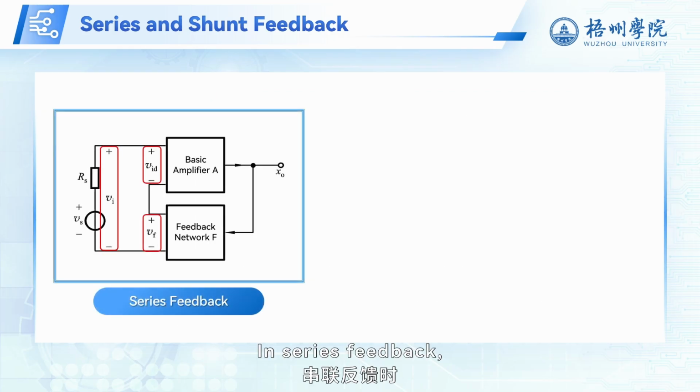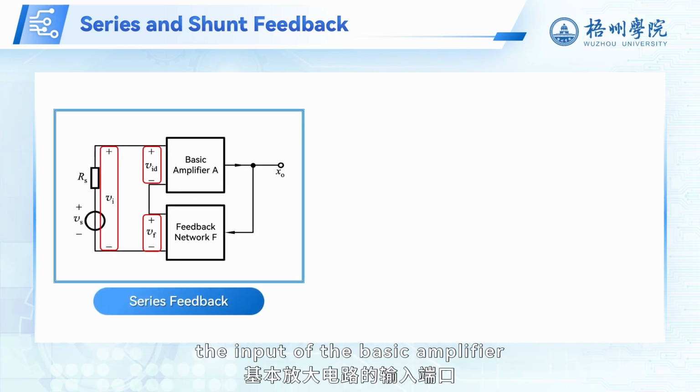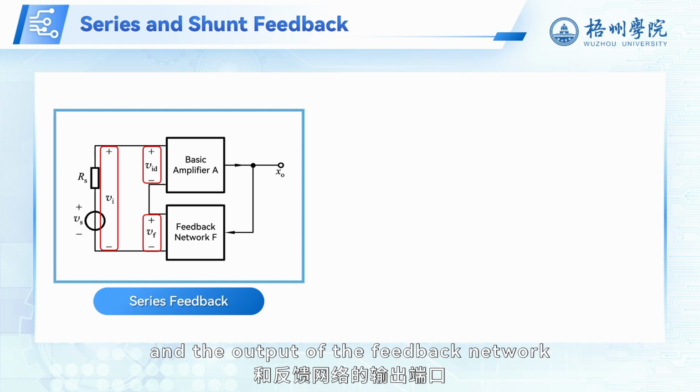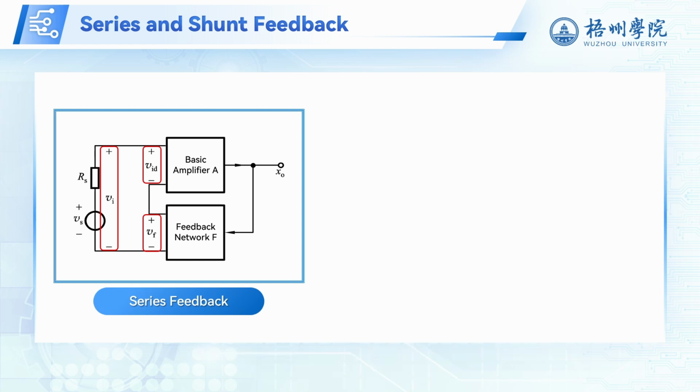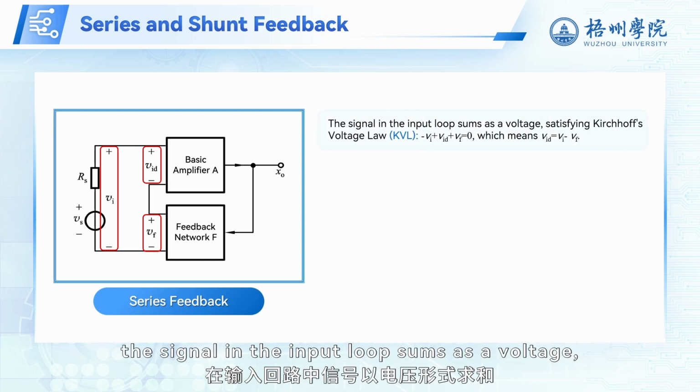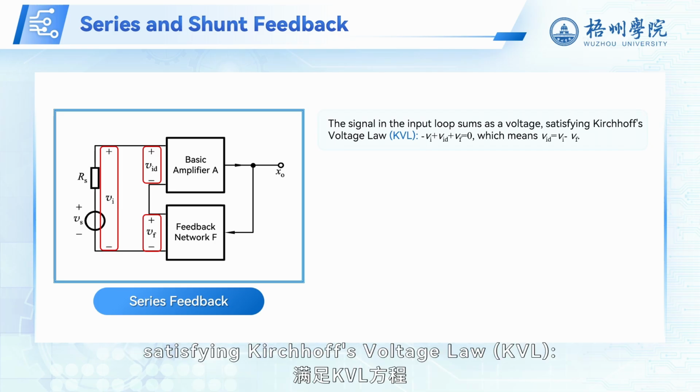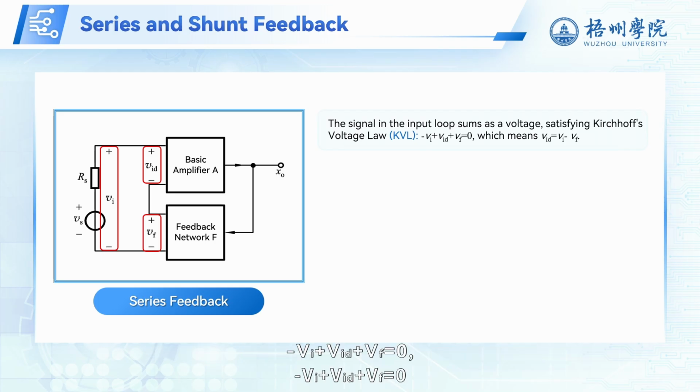In series feedback, the input of the basic amplifier and the output of the feedback network are connected in series. In this case, the signal in the input loop sums as a voltage, satisfying Kirchhoff's voltage law, KVL: minus VI plus VID plus VF equals 0, which means VID equals VI minus VF.